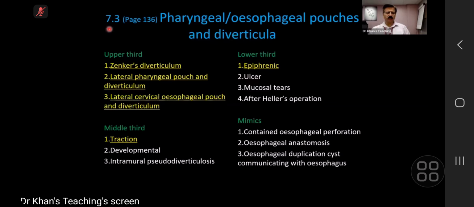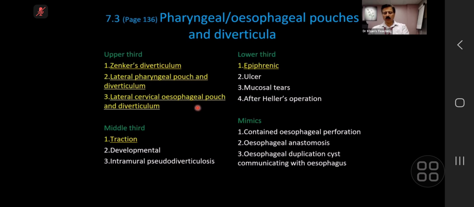Now, this is 7.3 in your book, pharyngeal and esophageal pouches. And Zenker's diverticulum is a diverticulum, which is what we saw in the previous case. Other than that, please also remember that a traction diverticulum has also come in the exam. Zenker's is a favorite.